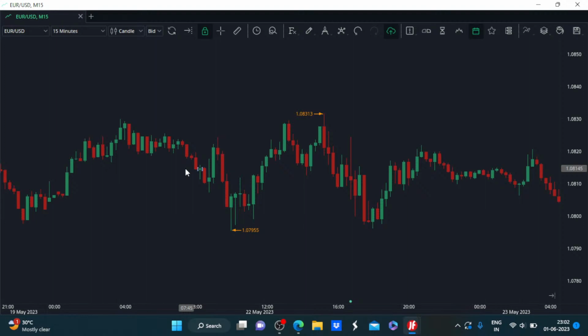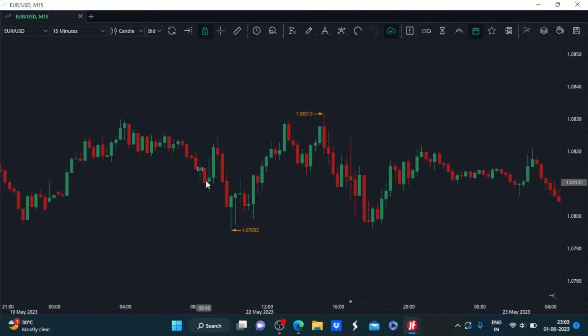Then in the second candle, the opening price needs to be below the closing of the first candle, and the closing value needs to be slightly more or equal to, it is better if it is slightly more than the closing price of the first candle. So these are the requirements for each of these two candles.